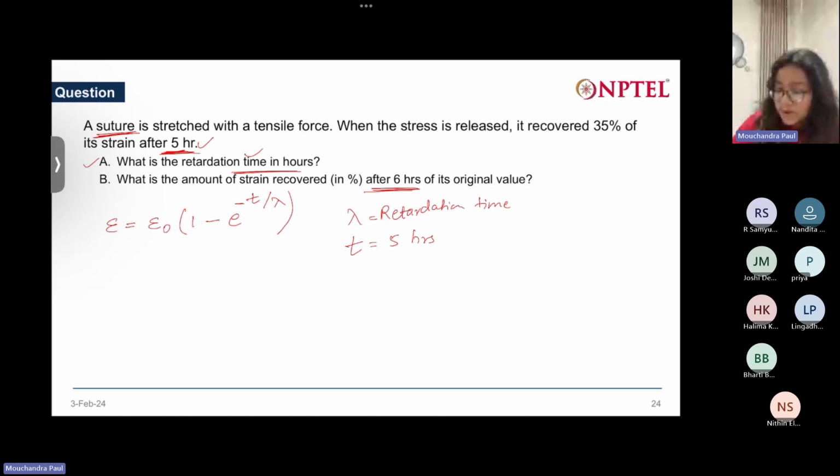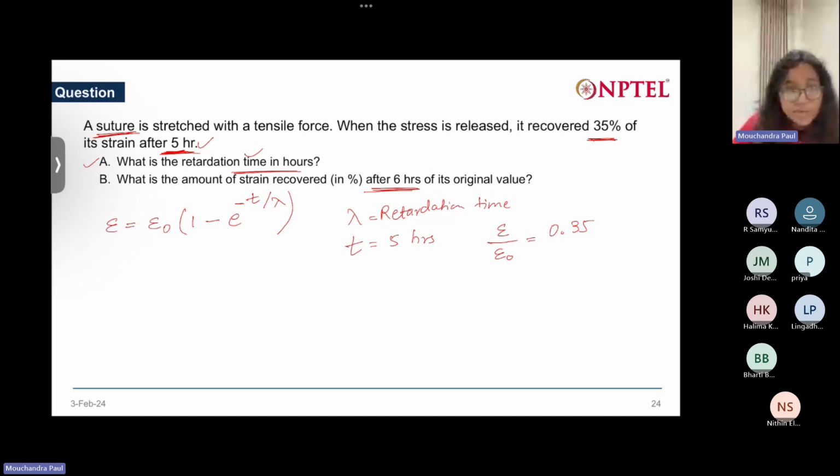We don't know the initial strain, neither the final strain. We are given a ratio, epsilon by epsilon naught, which comes out to be 35%. So 35 by 100, 0.35. You can express the percent as a single value, and this is a ratio of final by initial.